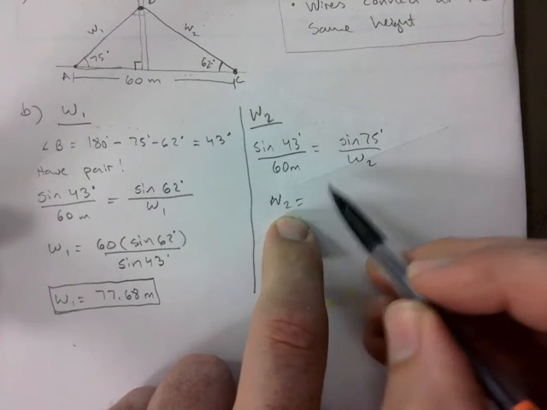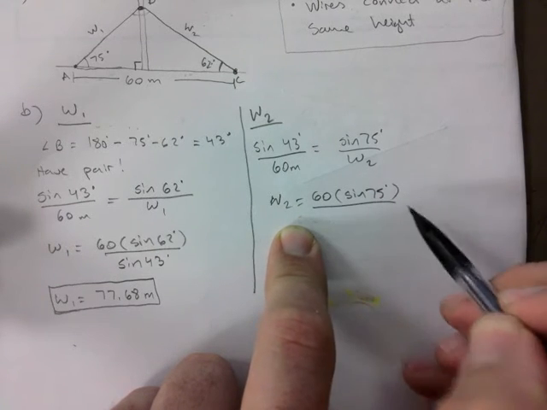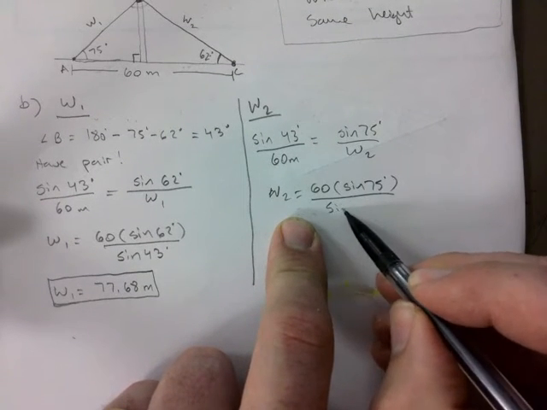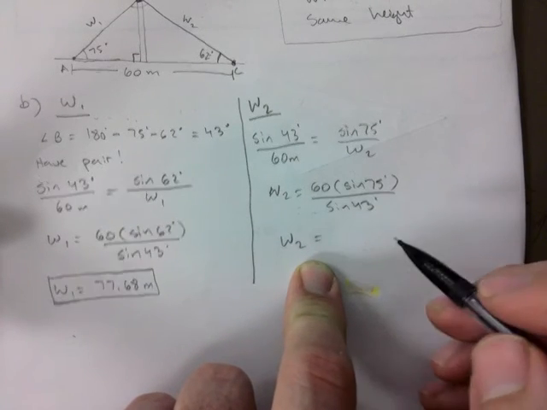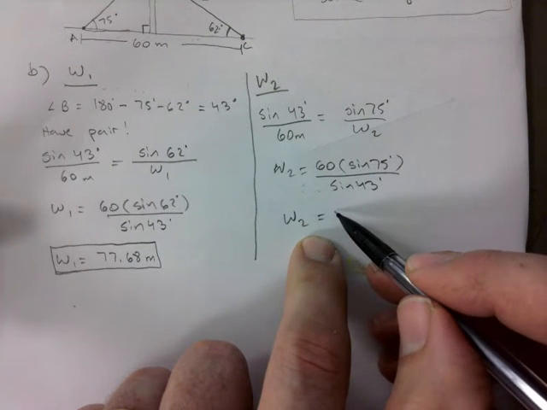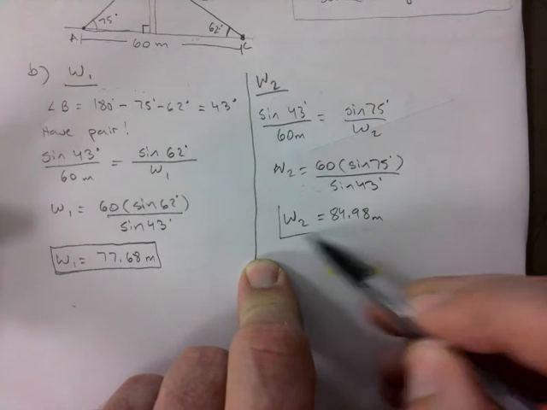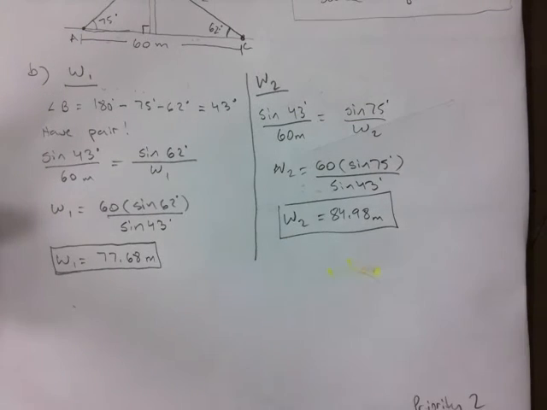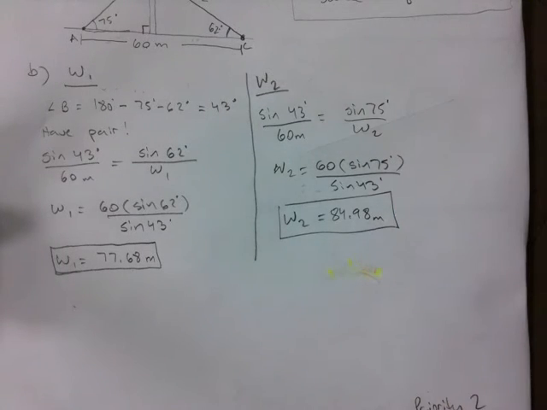So 60 times sine of 75 over sine of 43. You calculate that, you get 84.98. Now, I need you to be specific with your labeling, okay? If you just go on and solve things, I need to know exactly which one is which on your diagram. Don't just leave me guessing on which one you think it is, okay?